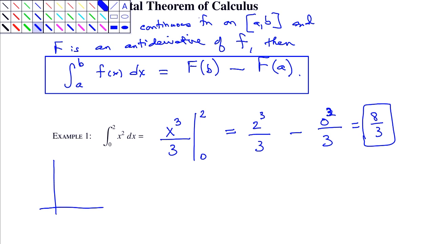If we had the parabola, y equals x squared, from 0 to 2, and I wanted to calculate this area exactly, that area is equal to 8/3.